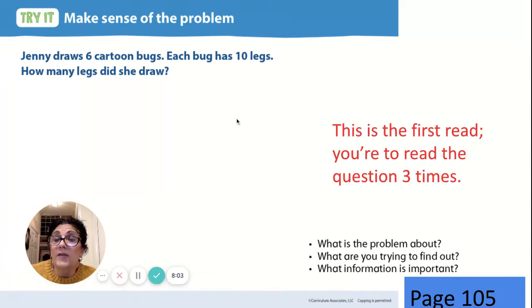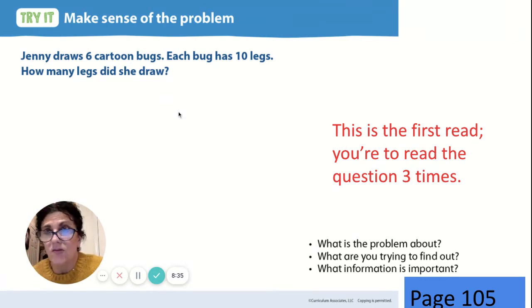Well, the information that is important, of course, the data includes the digits or the numbers. So if she draws 6 cartoon bugs and each bug has 10 legs, this word each is very important because it's telling you that you have equal size sets or groups. In this case, 10 legs. And then we need to know how many legs did she draw in all or all together, even though those words aren't there.